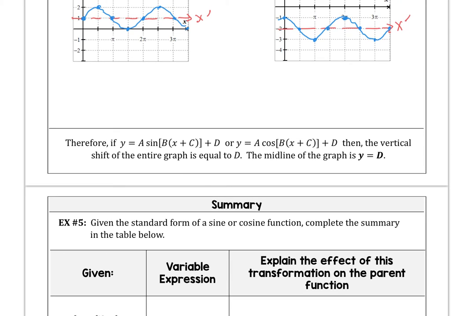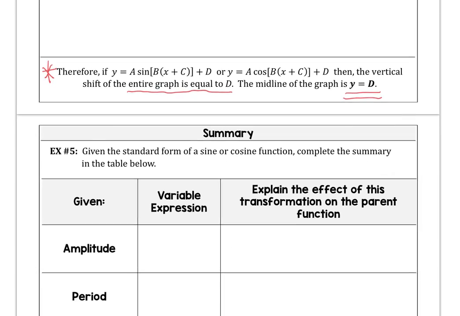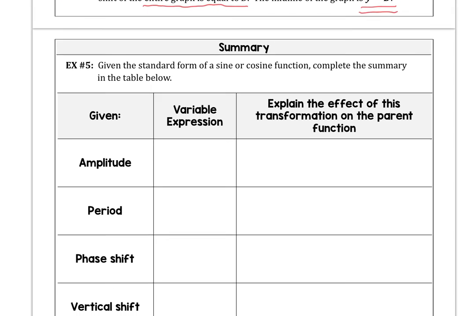So here's the note that we have in our notes. If you have plus D at the end, then the vertical shift of the entire graph is equal to D. The midline of the graph is Y equals D. Here we want to summarize what we've found out.